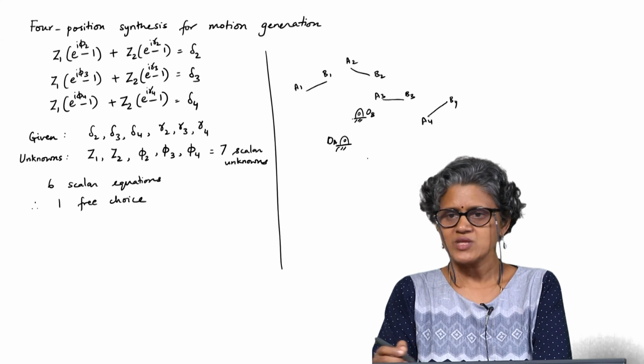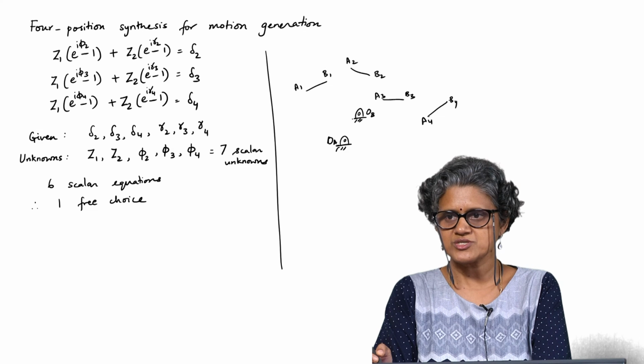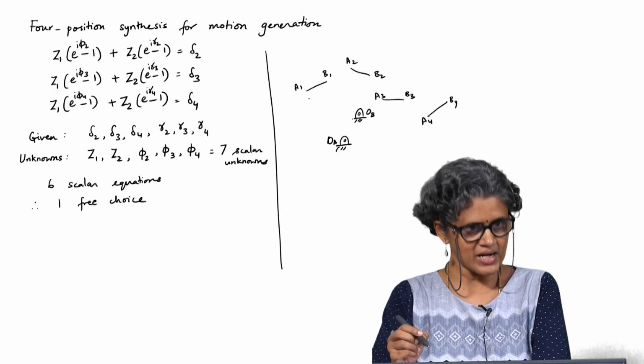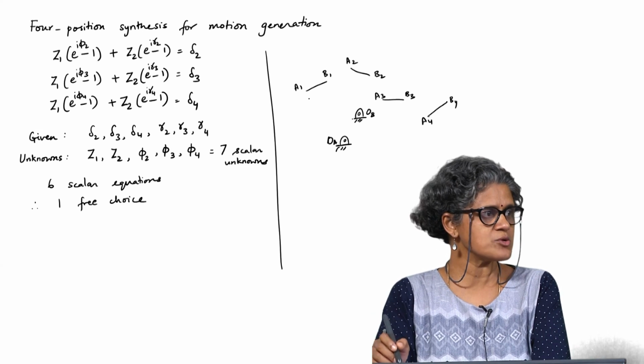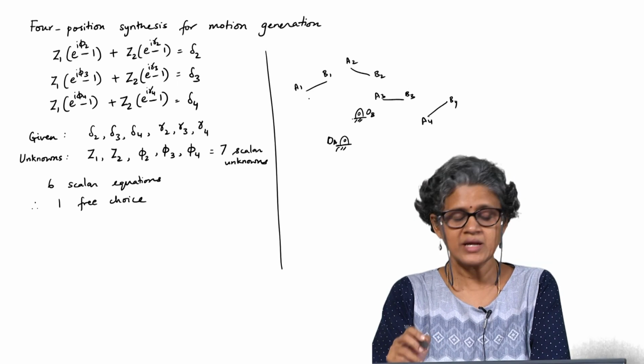Okay. So, that is not going to happen. So, if I synthesize for 3 positions and add a fourth position, it is not likely that the fourth one is going to be on that same circle, right.